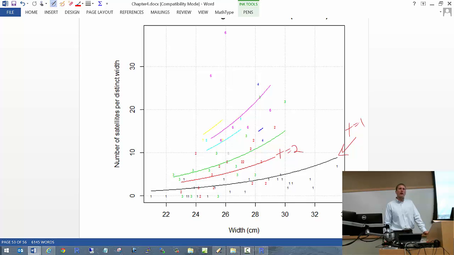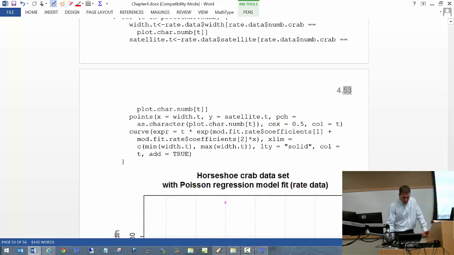I mean, you're doing it all at once. It's just I'm graphing them separately, since our response itself is dependent upon t. So for every t, we essentially have a different mu hat as a function of width. And so that's a graph of the model there. Kind of interesting to look at. I want you to take a look at the code for how to do this plot on your own, but I do want to make a few notes to help you out.